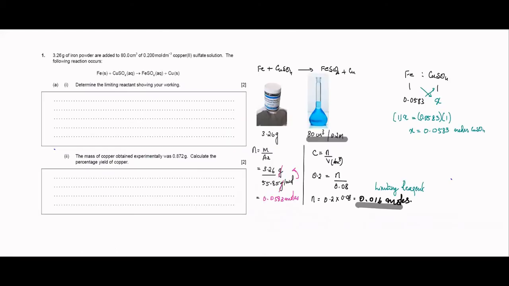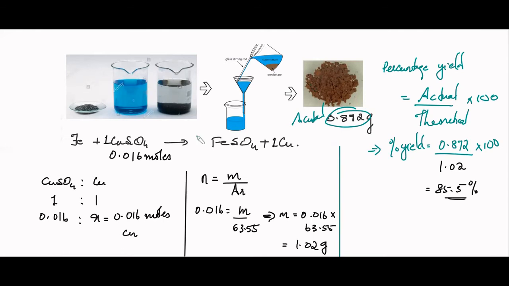In the initial part of this section, it was already shown that this reaction will be producing 0.872 grams of copper. This is not the theoretically calculated value. This is the output of the experiment. At the end of the experiment, iron is made to react with copper sulfate solution.